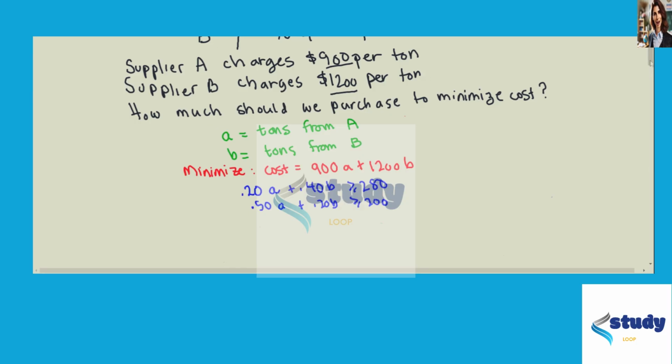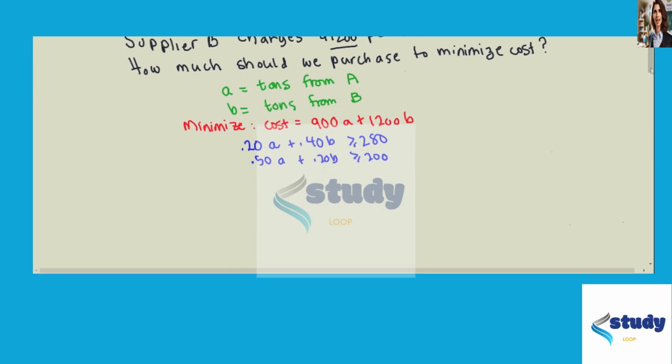So now we're ready to graph, but before I graph, I'm going to multiply both equations by 10. So I get 2A plus 4B greater than or equal to 2800. That way I don't have decimals in there. And 5A plus 2B greater than or equal to 2000.